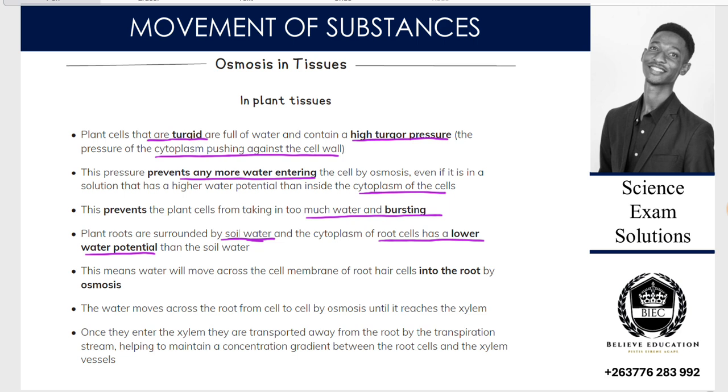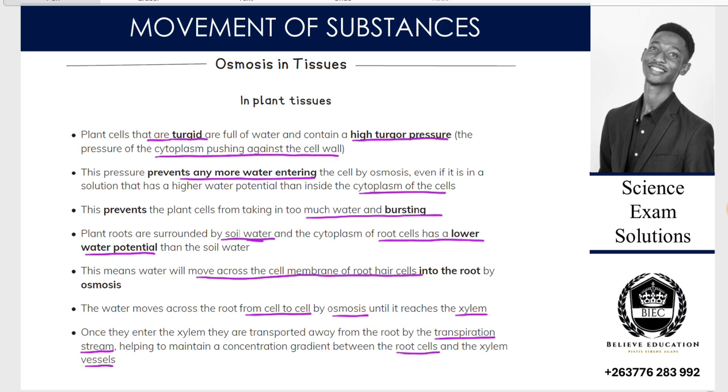And so this means the water will move across the membrane of the root cells into the root by osmosis. The water moves across the root from cell to cell by osmosis again, until it reaches the xylem. Once it enters the xylem, it is transported away from the root by the transpiration stream. Are we together? Helping to maintain a concentration gradient between the root cells and xylem vessels.